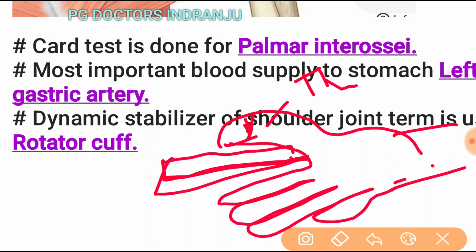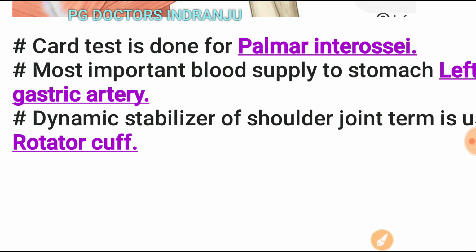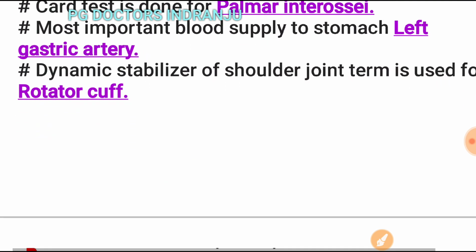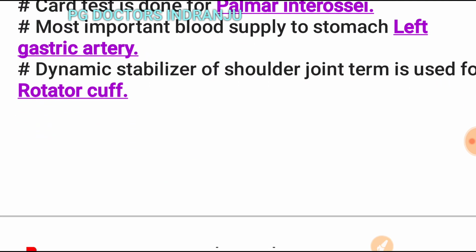This is the test of the palmar interossei, which are supplied by the ulnar nerve. So this is a test of the ulnar nerve.